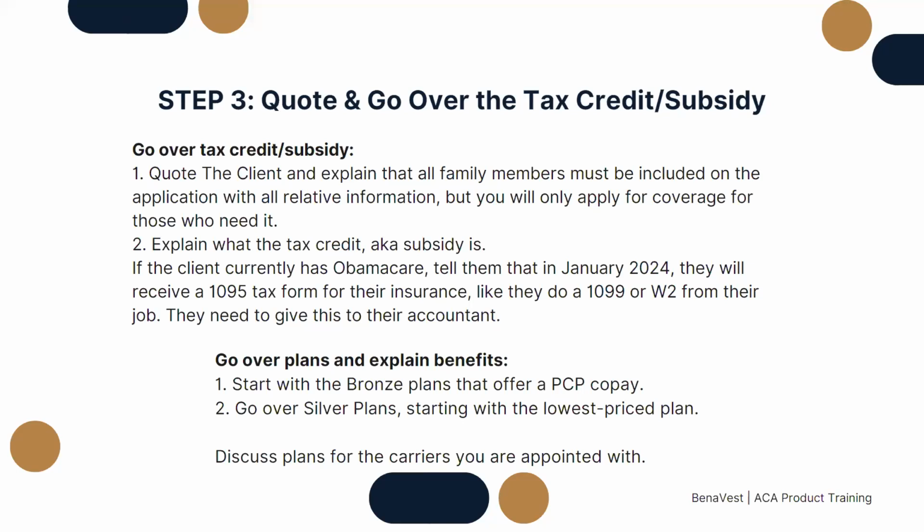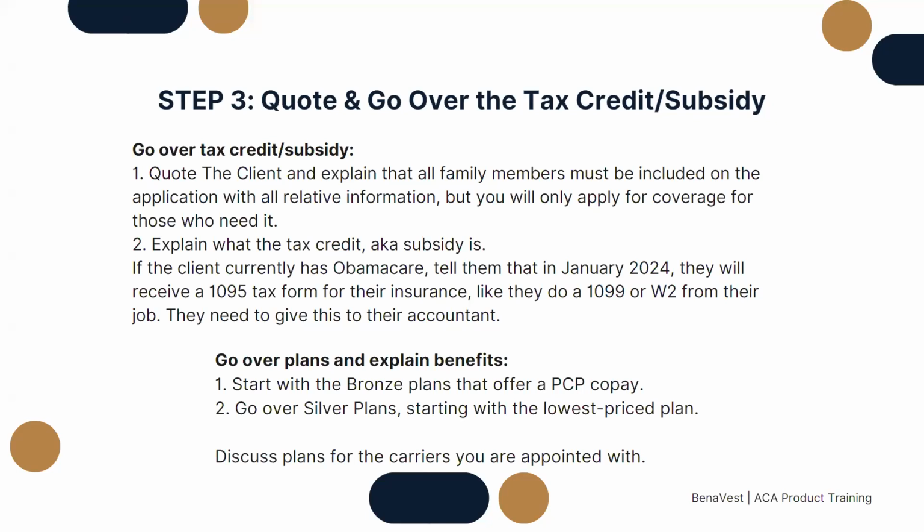And then you're going to start to go over the plans and explain the benefits. You're going to start with the bronze plan, the lowest cost one that offers a PCP copay, one that has a primary office visit with a copay. A lot of the bronze plans pay into your deductible, but you'll find some where there's a copay.